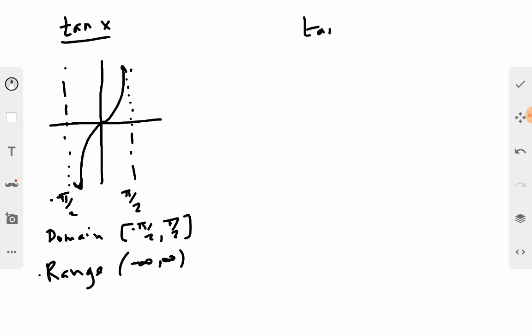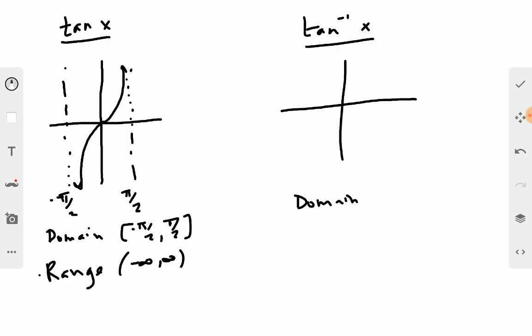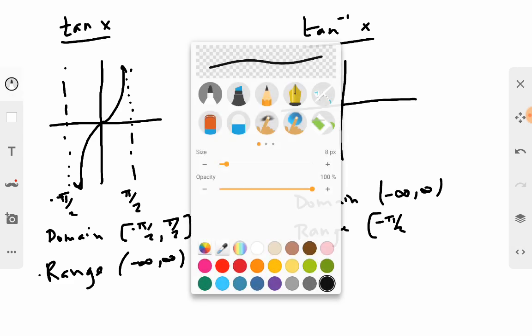So when we look at tangent inverse, okay, let's do domain first. Our domain is going to be all reals. And our range is going to be negative pi over 2 to pi over 2. I'm sorry, these should be round brackets. Let me fix that.